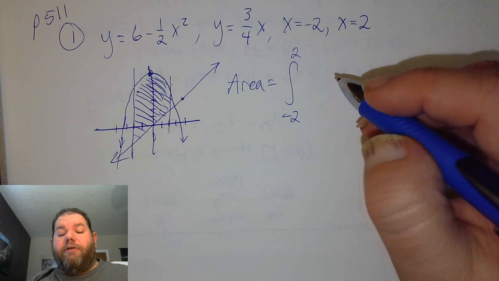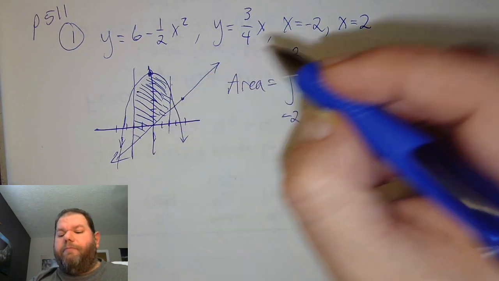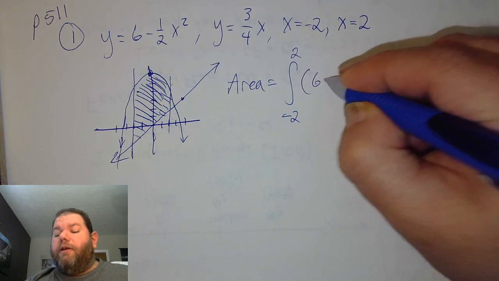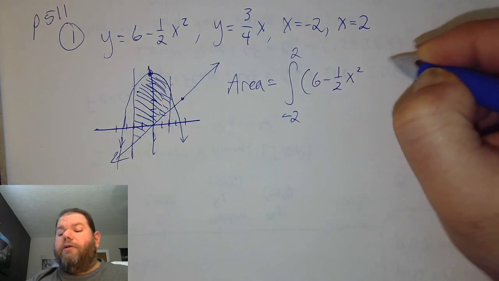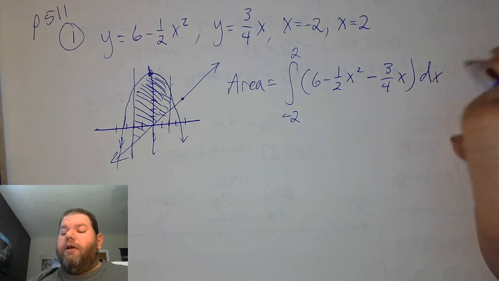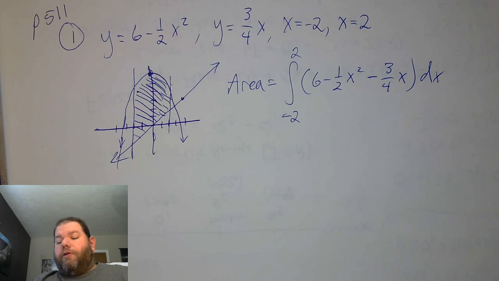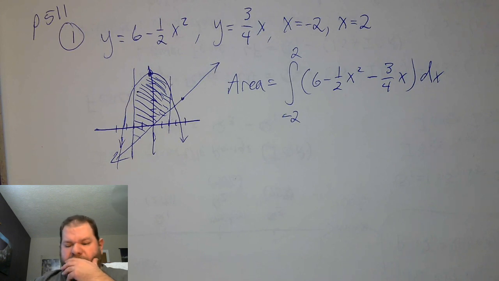And when we calculate the area, we're going to take the function on top minus the function on bottom. So that means we'll take 6 minus 1/2 x squared minus the 3/4 x on the bottom, and we will integrate that and then evaluate it at the endpoints. Okay, so first off, we want to go ahead and integrate.